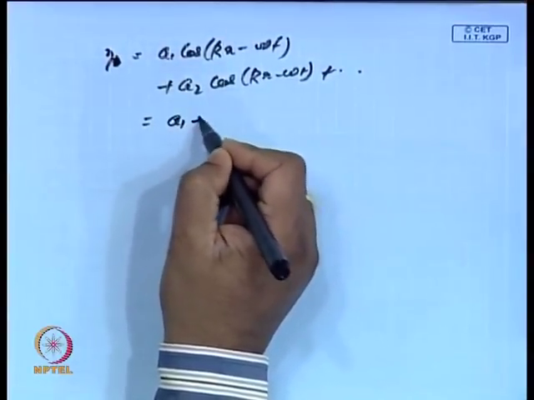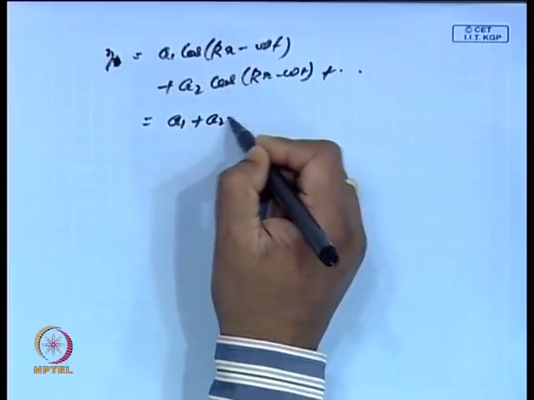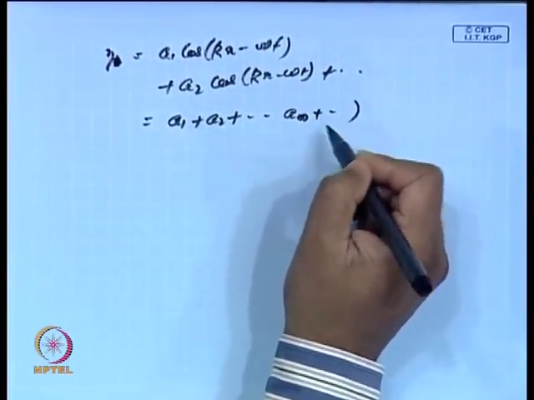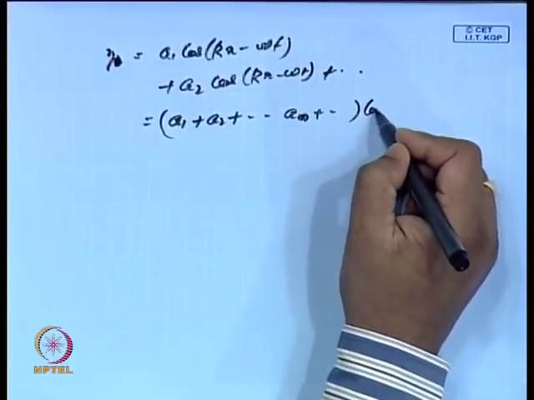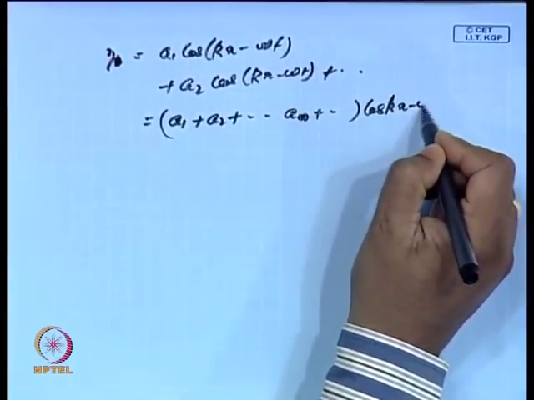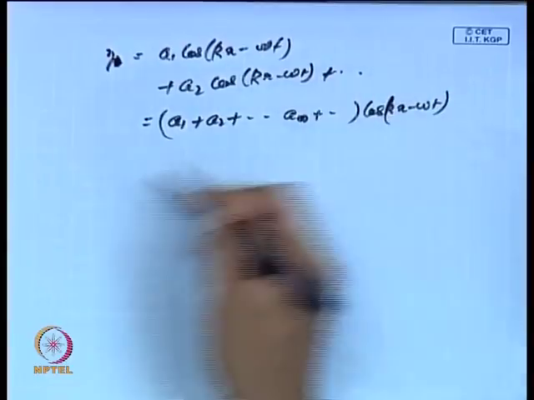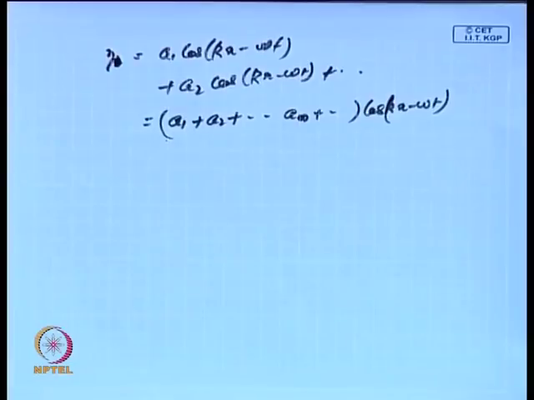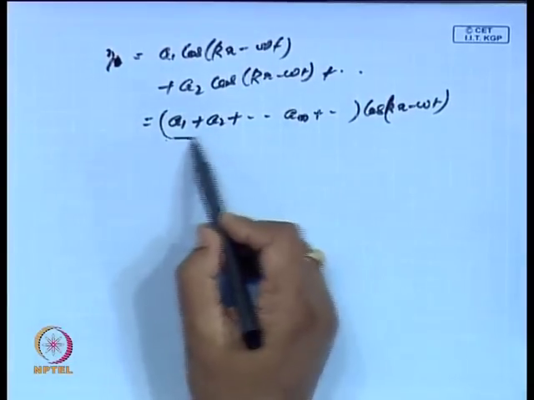Then it will be (A1 plus A2 plus ... An) into cos(kx minus omega t). So if similar waves of different amplitude propagate in the same direction, only the amplitude changes.